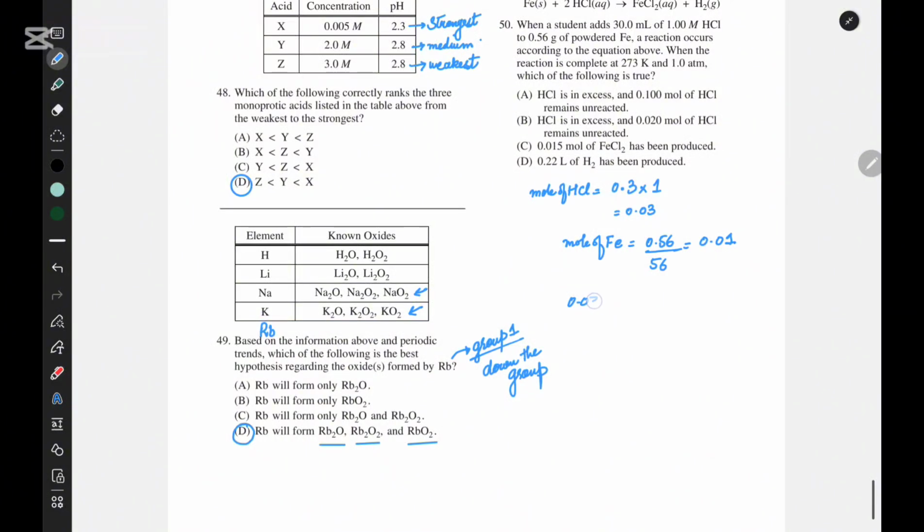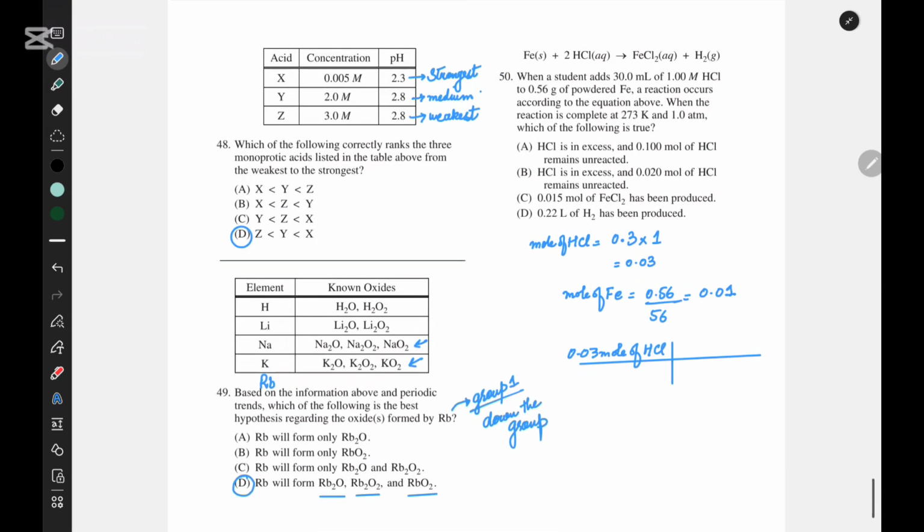So 0.03 mole of HCl is there, and 2 mole of HCl reacts with 1 mole of Fe. In this way we can find the required moles of Fe, and the required moles of Fe comes out to be 0.015 mole.